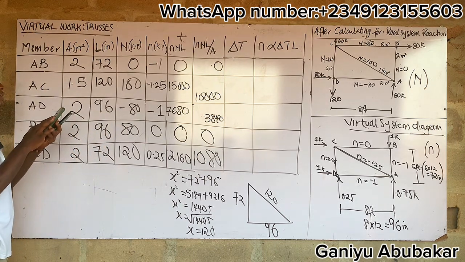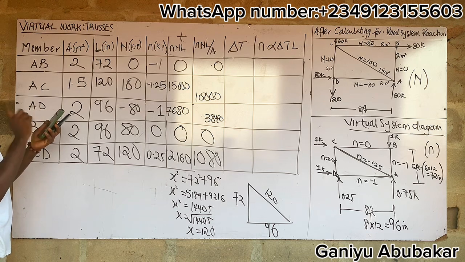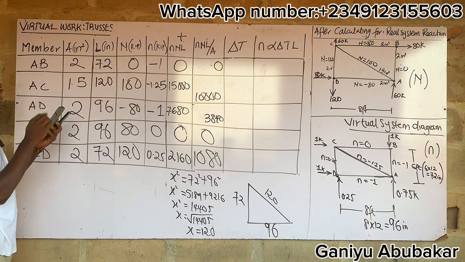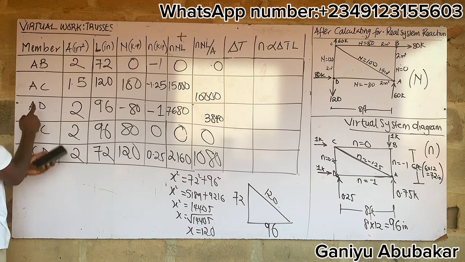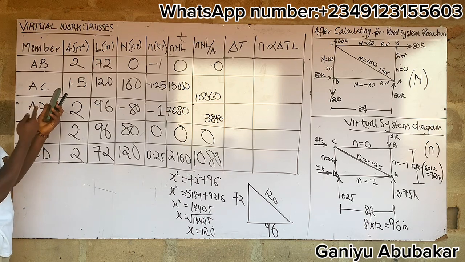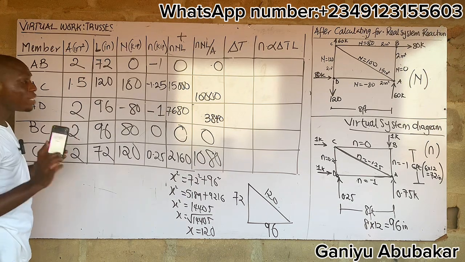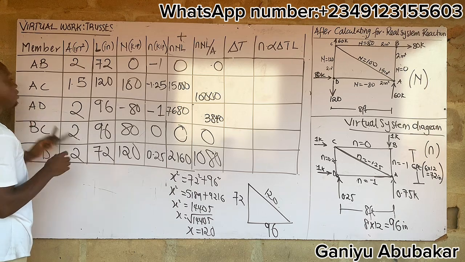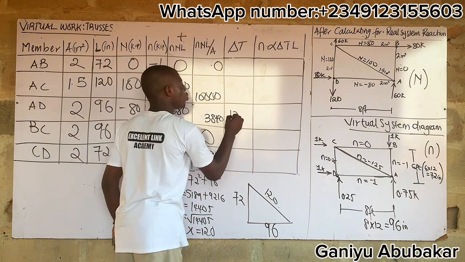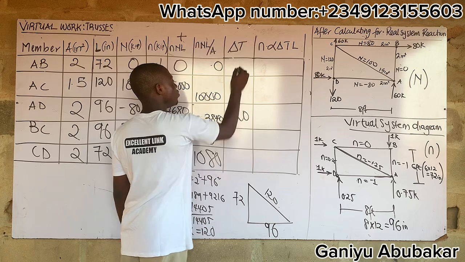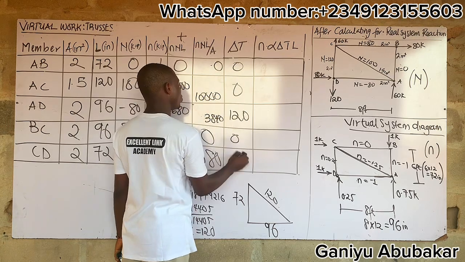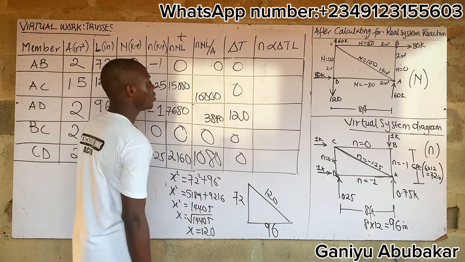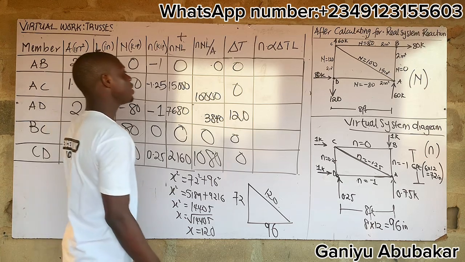It says that due to radiant heat from the wall, member AD is subjected to an increase in temperature of what? 120. So I'm giving only the AD temperature as 120. All these ones are 0, 0, 0, 0, 0. They're not given.